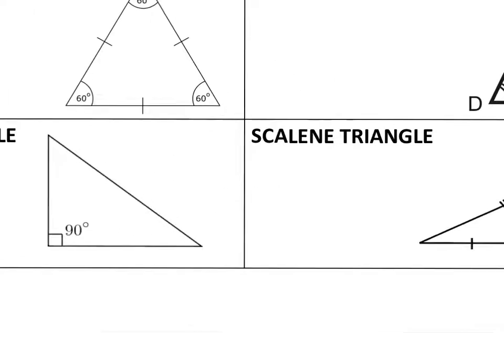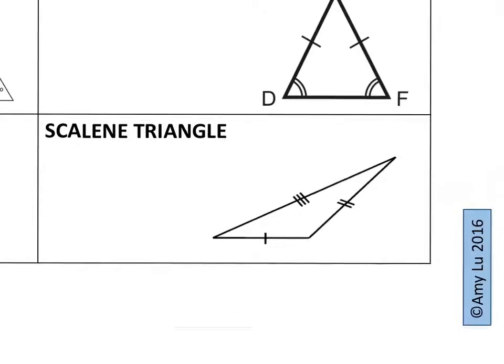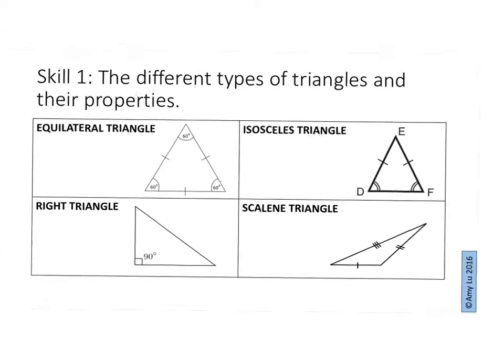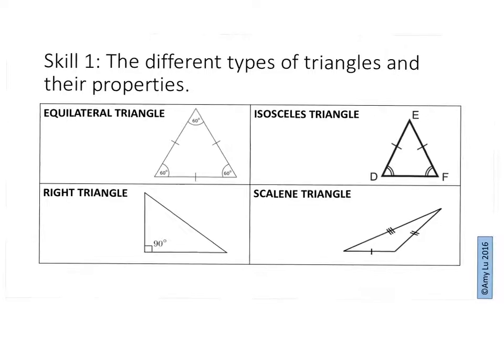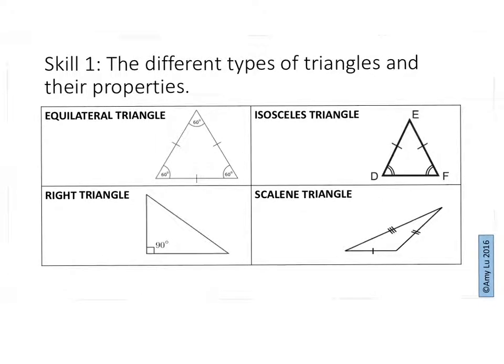And the last type of triangle you need to know is a scalene triangle. A scalene triangle has all different side lengths and all different angles. Nothing is the same. So in summary, these are the four types of triangles that you need to know in order to solve the problems.